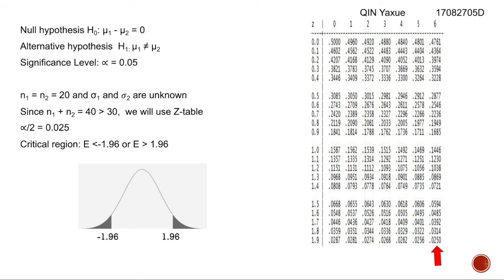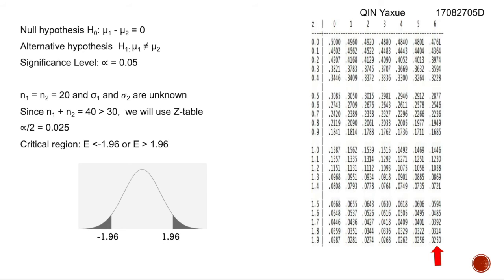The next step is to identify the hypothesis. The null hypothesis is mu1 minus mu2 is equal to 0, which means mu1 is equal to mu2. And the alternative hypothesis is mu1 minus mu2 is not equal to 0. We know from the question that the level of significance is 0.05.